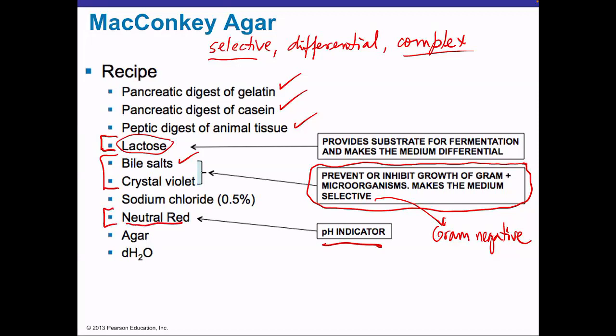This is not phenol red like in the MSA medium. In this case, this is a different pH indicator, neutral red, that produces a different change in colors when acid is being produced.